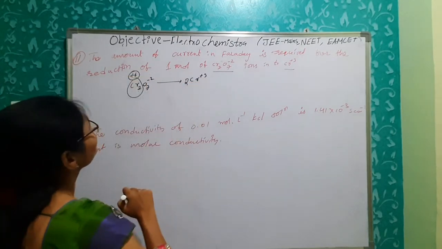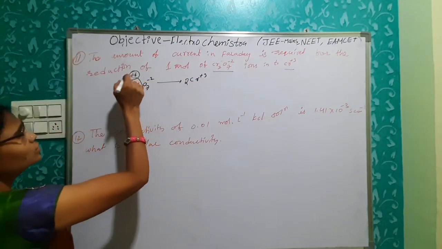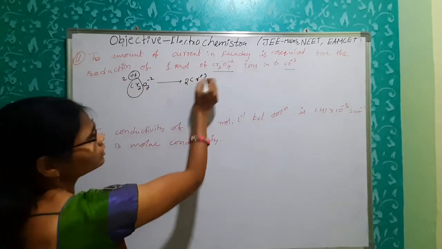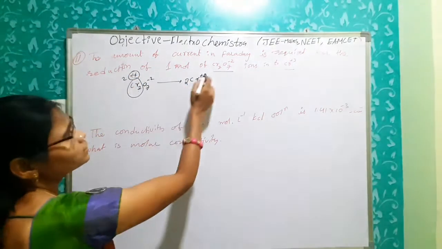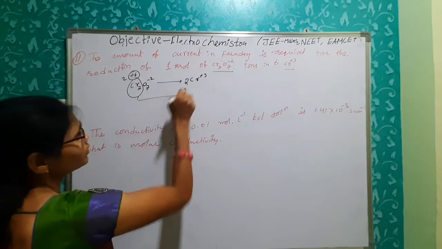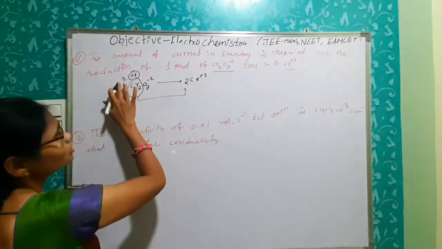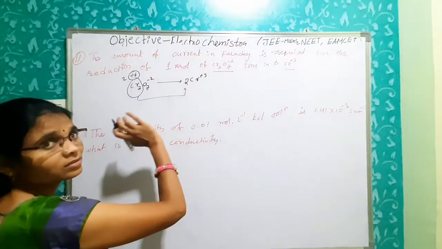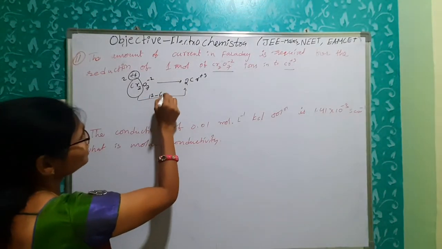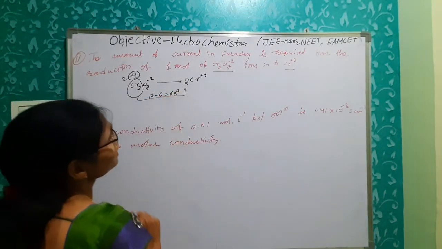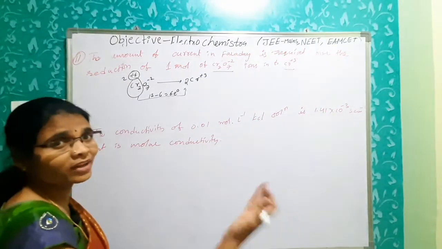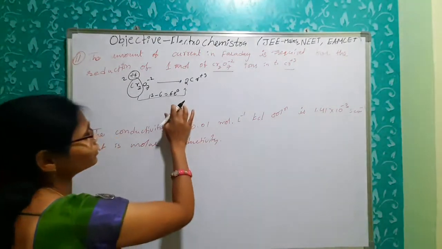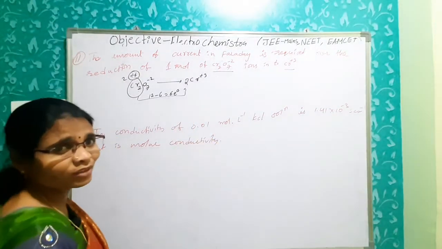So here 2 into plus 6, and here 2 into 3, means 6. So how many electrons are transferred? 12 minus 6, means 6 electrons. 6 moles of electrons transferred, nothing but how many Faradays? So you have to do that, only a single step.